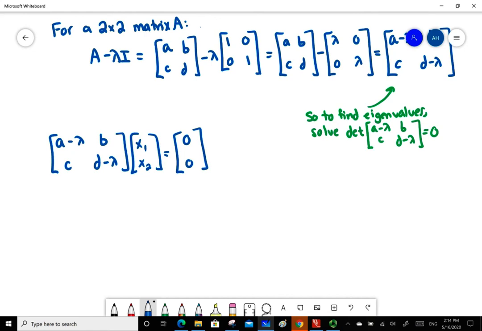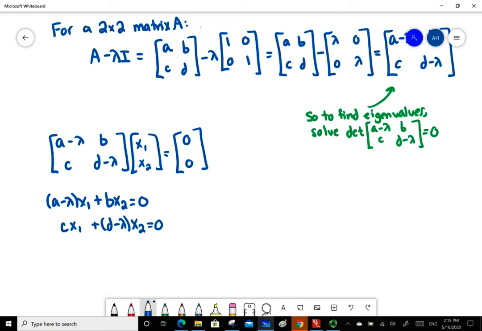Translating this matrix equation into a system of equations, we get that (A minus lambda) x1 plus B x2 has to equal 0, and C x1 plus (D minus lambda) x2 has to equal 0.